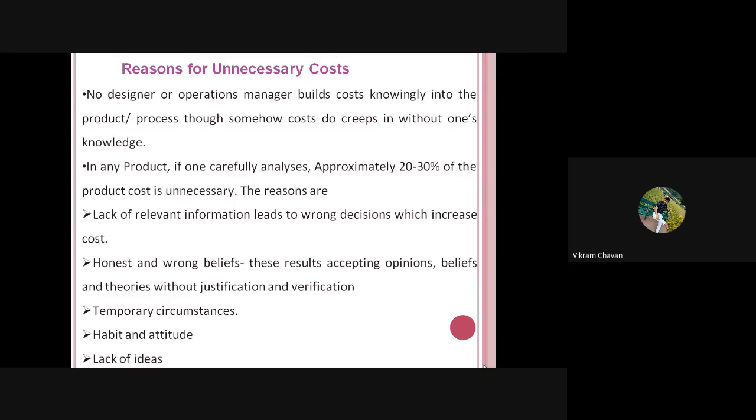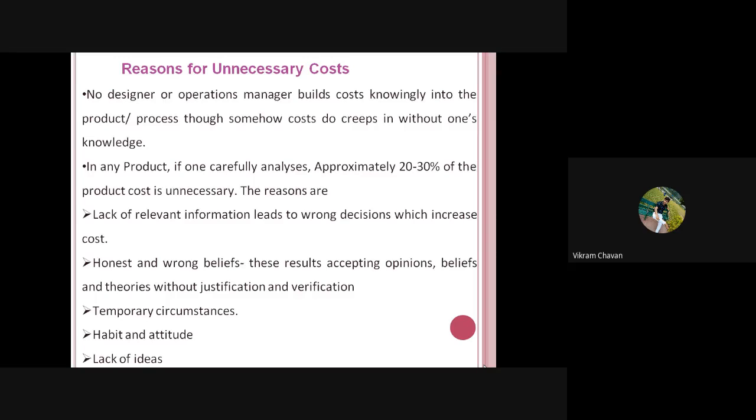So there are, we can say, uncountable factors which will increase the unnecessary cost of the product. In any product, if one analyzes carefully, approximately 20 to 30% of the product cost is unnecessary.